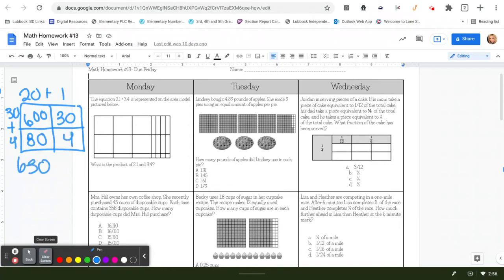I can add up 630 plus 84, and I get 714. Then I go back to my problem. I have 2 digits behind a decimal. 1, 2. See how we got the exact same answer? I could count all of this up, or I could do my area model.